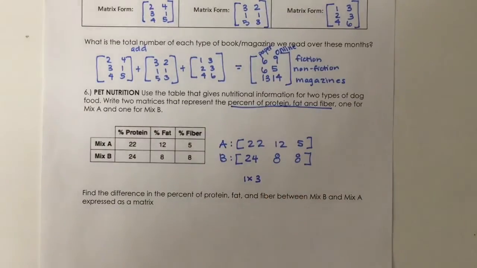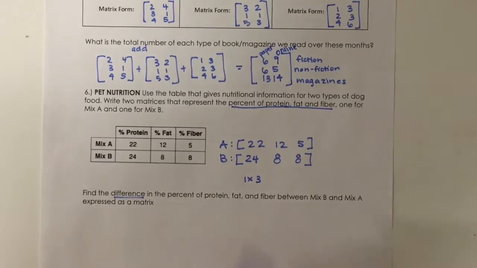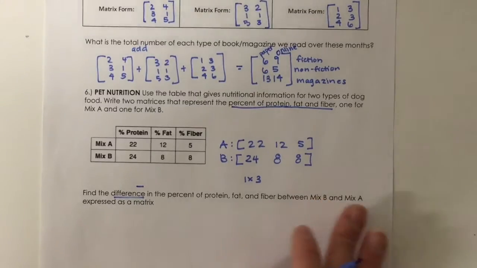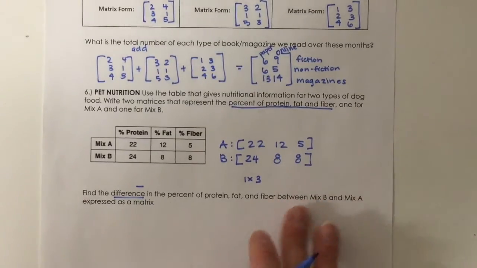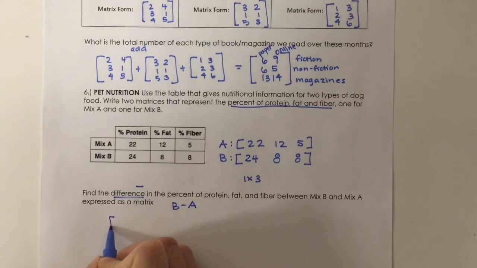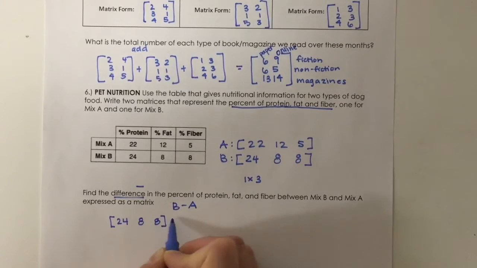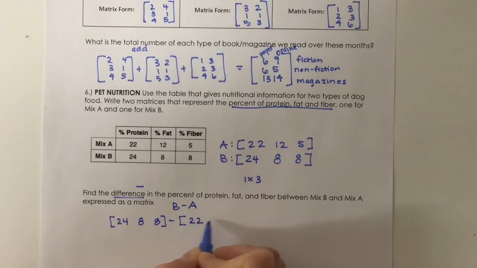So if you wanted to find the difference in the percent of protein, fat, and fiber between mix B and mix A, we are talking about the operation of subtraction, right? And since we want mix B and mix A, I would interpret that as we want to do matrix B minus matrix A. So if I write that out, I've got 24, 8, 8, minus 22, 12, 5.